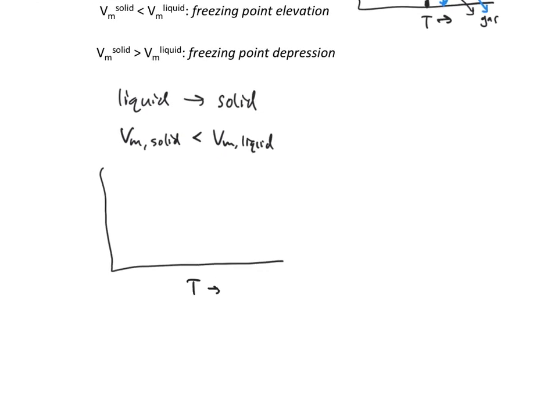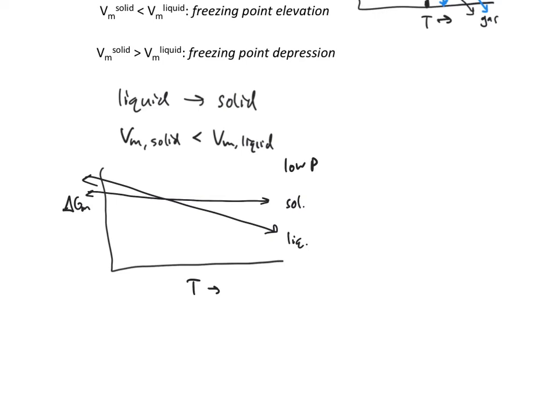So down here we have temperature, and over here we have delta Gm. And we've got the curve for the liquid. And up here, we've got the curve for the solid. This is our low pressure color, and then we've got a color representing the high pressure as well.